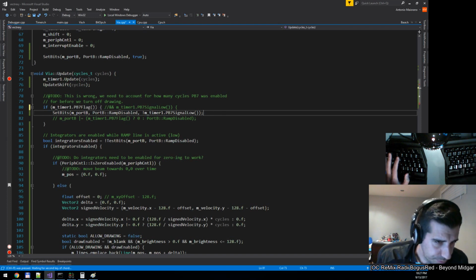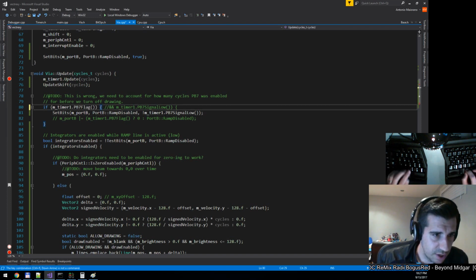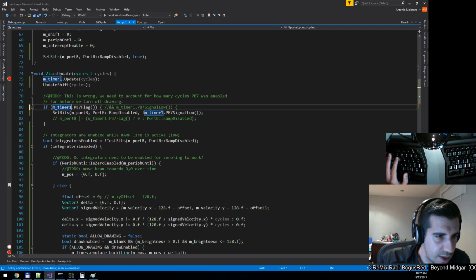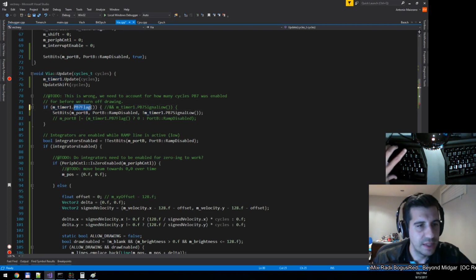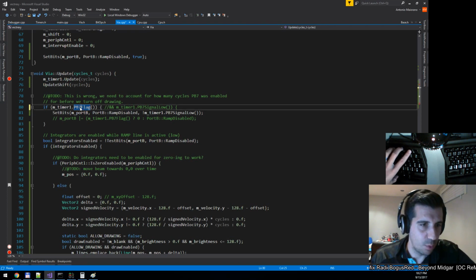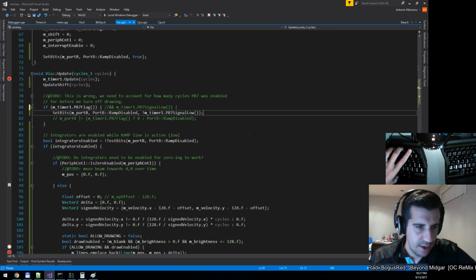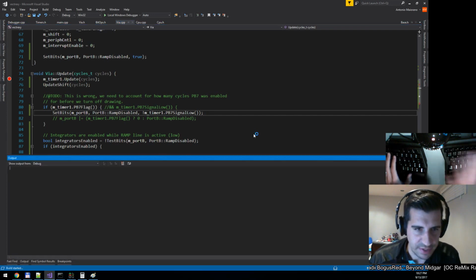Okay, so I think this here should have been written this way. Does that make sense? Basically, I'm always going to check the PB7 flag. While it's on, I always want that value. Yeah. All right, so let's see what this gives us.